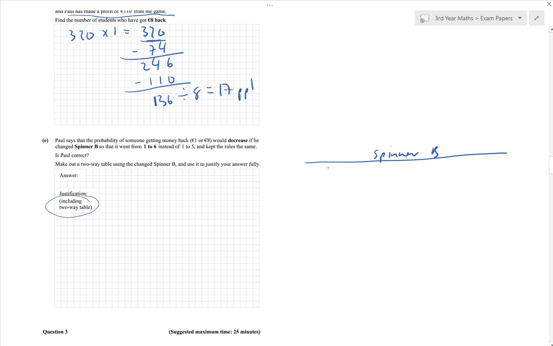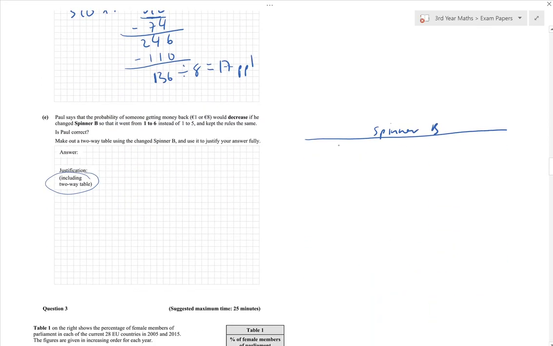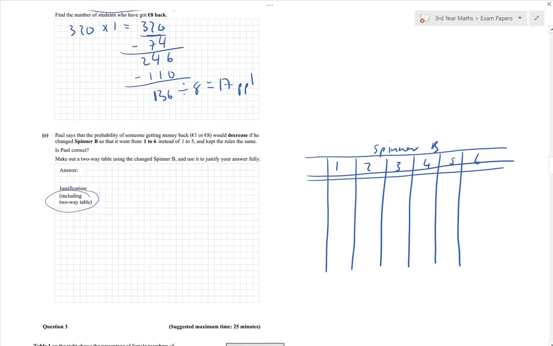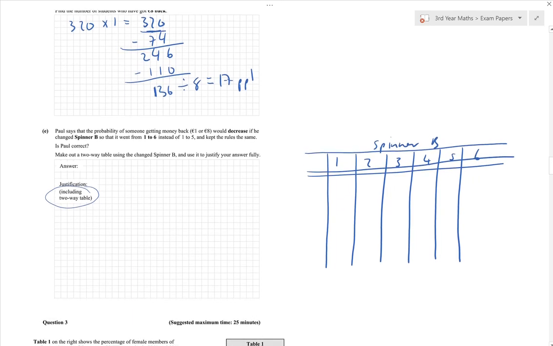and it's saying spinner B goes from 1 to 6 now, so it initially went from 1 to 5, so we're going to say 1, 2, 3, 4, 5, 6. And spinner B, let's change spinner B so that it goes from 1 to 6.